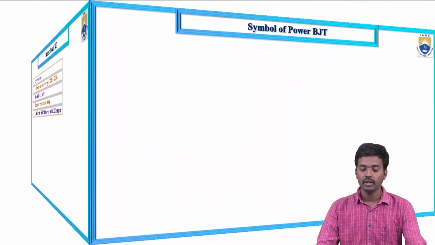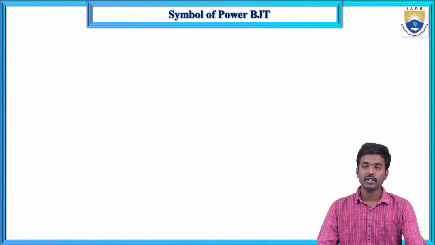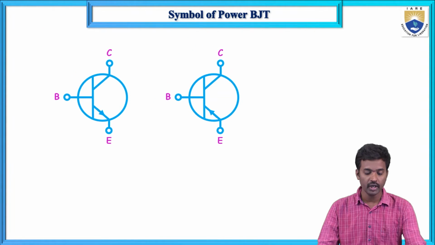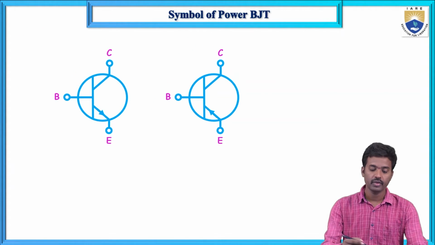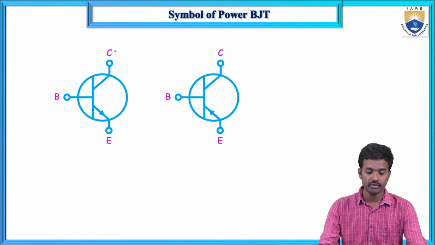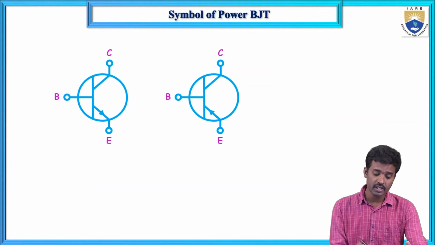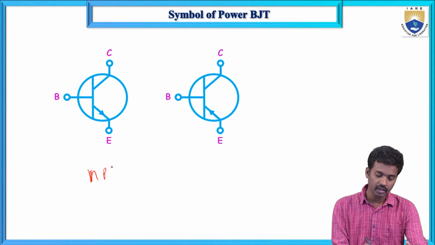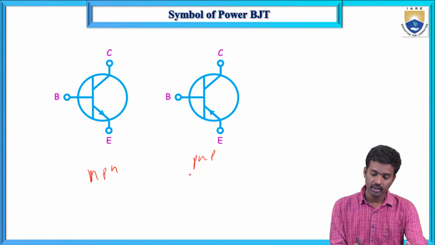And next, if we talk about the circuit symbol, the symbol of power BJT is exactly the same as that of a normal BJT. Here we have collector, emitter and base. Collector is represented with C, base is indicated with B, and emitter is represented with E. And this is the NPN transistor and this is the PNP transistor.